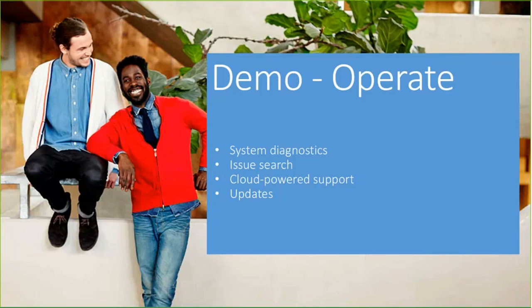So the system diagnostics is an important thing. What Lifecycle Services will do is allow you to connect to an on-premise or a hosted solution and look at the database and work out where, for example, there may be problems. You can perform issue searches, which I think is really important, where you can have a direct connection back to the Microsoft Help Desk and see all of the issues that have been raised on a certain item.